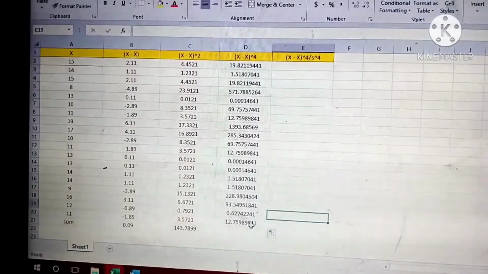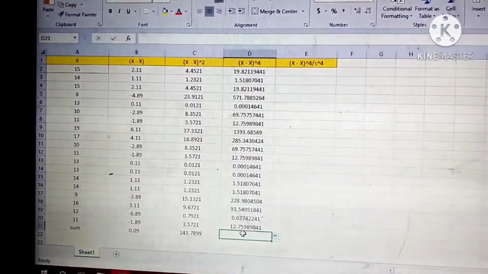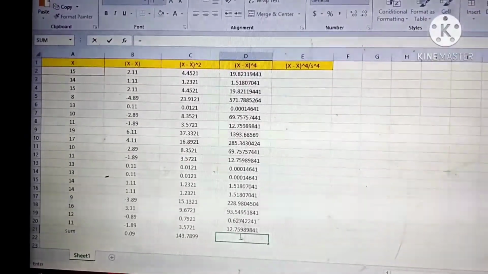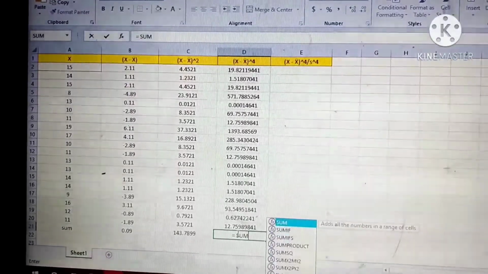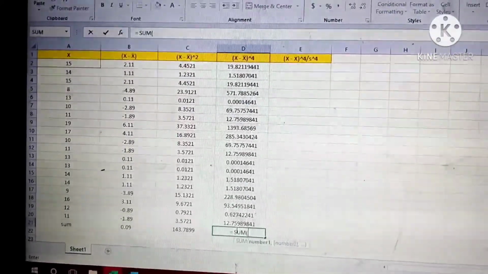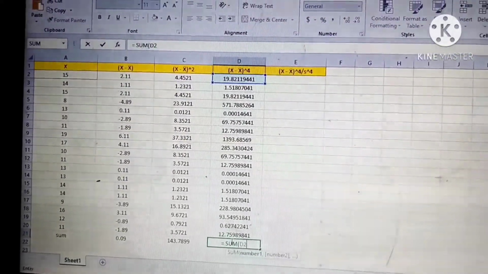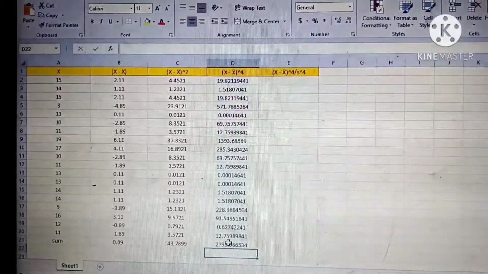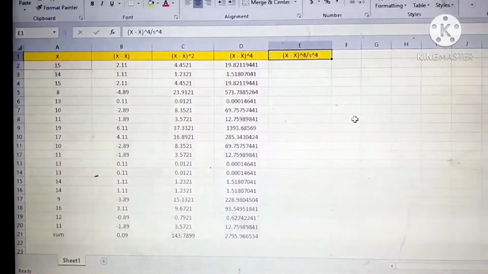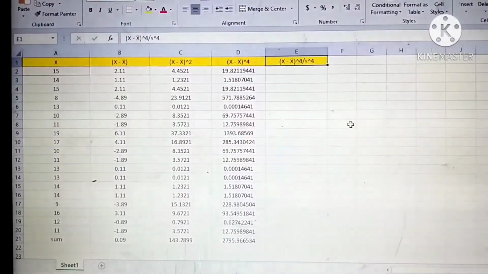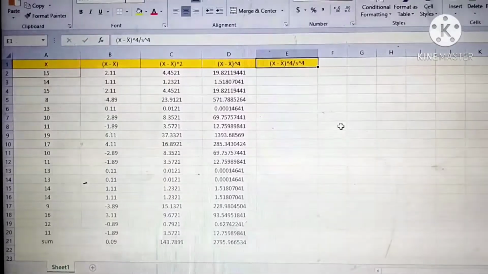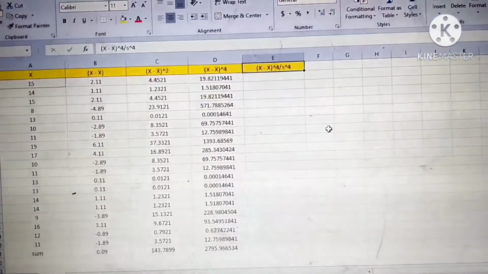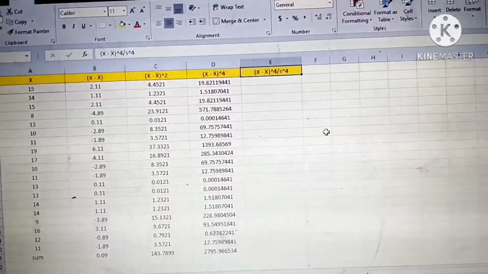And to find the summation of the quantity of X minus mean raised to 4, we are going to use the formula equals SUM D2 up to D20, then press enter again. For the last, we are going to find the quantity of X minus mean raised to the 4th power over s raised to the 4th power.